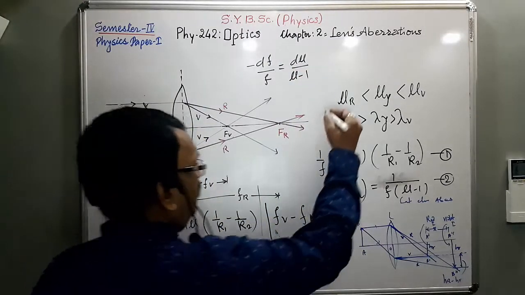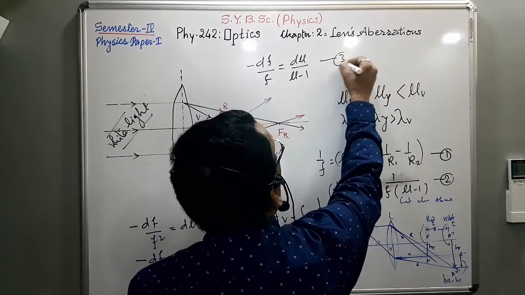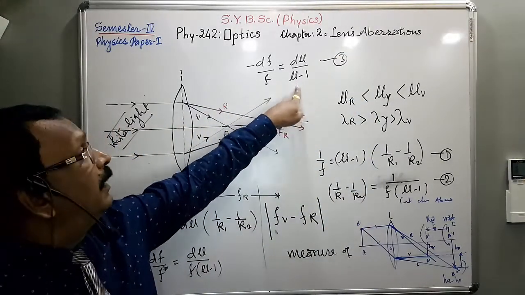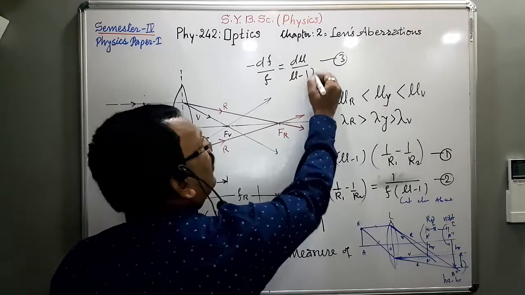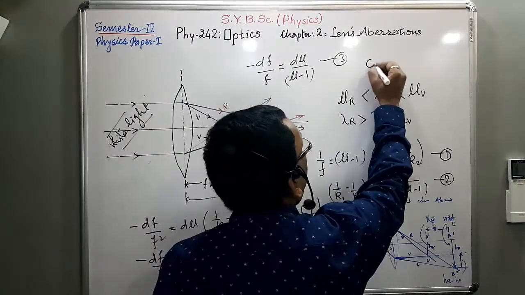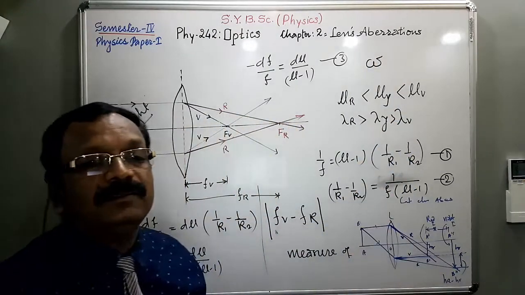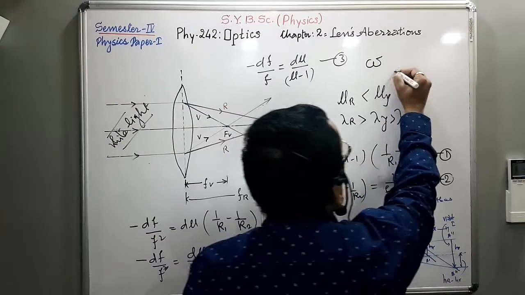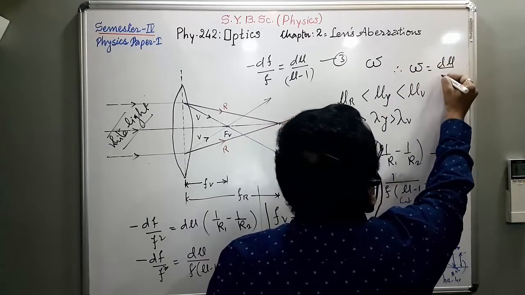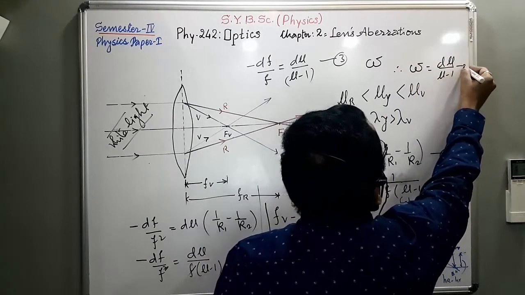Suppose this is equation 3. Okay. This quantity d mu upon mu minus 1 is called dispersive power and it is always denoted by omega. Therefore, omega is equal to d mu upon mu minus 1. Suppose this is equation 4.